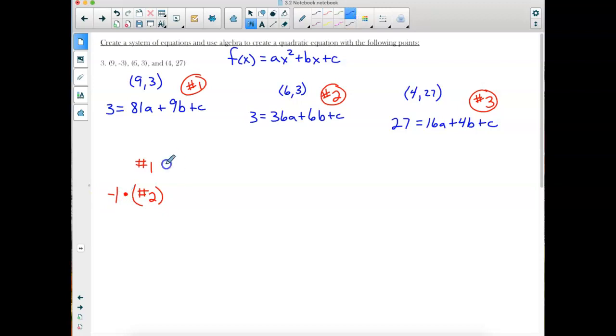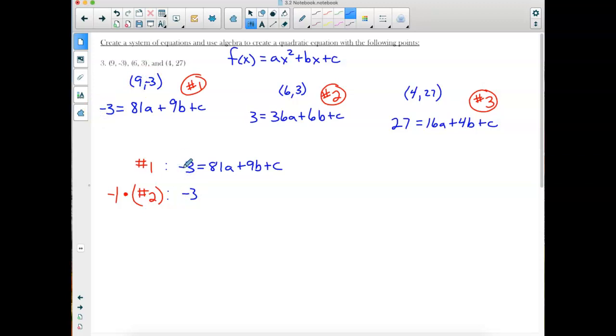What that's going to give me is 3 equals 81a plus 9b plus c. And then 2 times -1 gives me, what does that give me? -3. I dropped the sign way back here. That's 9, -3. Sorry about that.